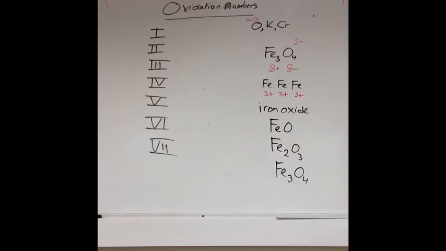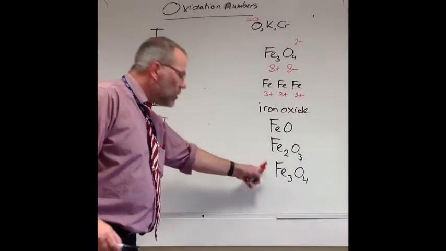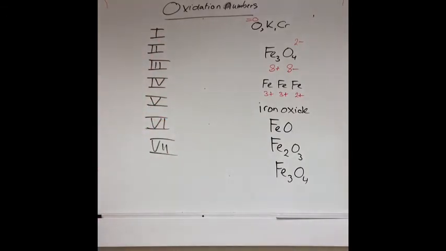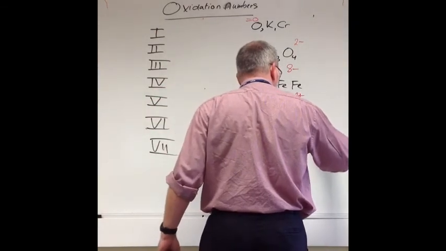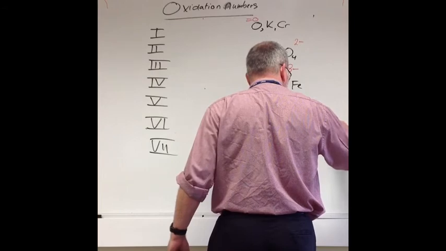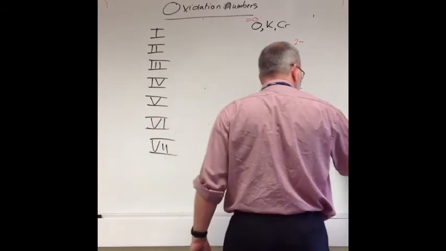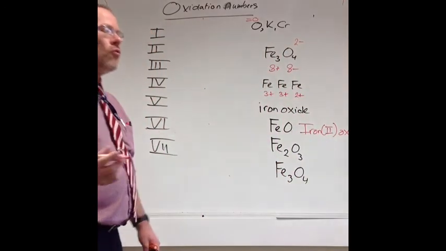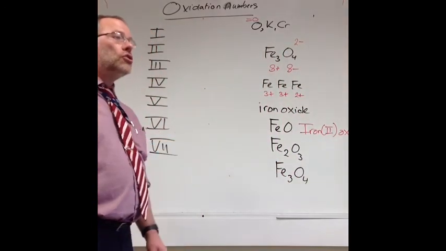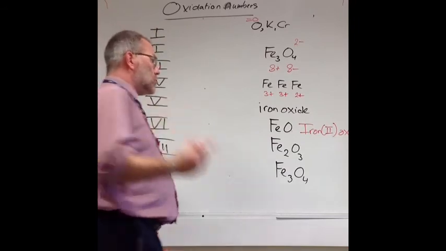How do I know which one is which if I'm not going to use a molecular formula? So I need to introduce Roman numerals. So in other words, this is going to be called iron Roman numeral 2 oxide. What does the Roman numeral mean? The oxidation state of the iron is 2+.